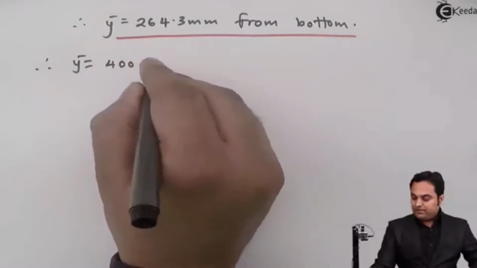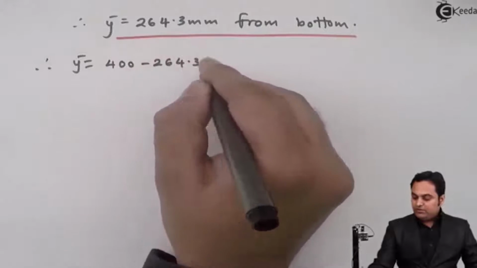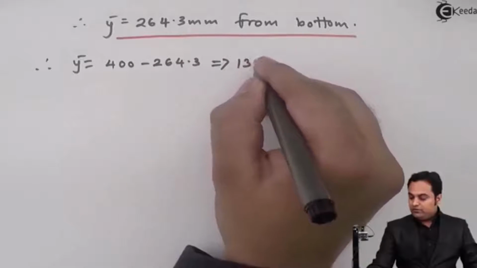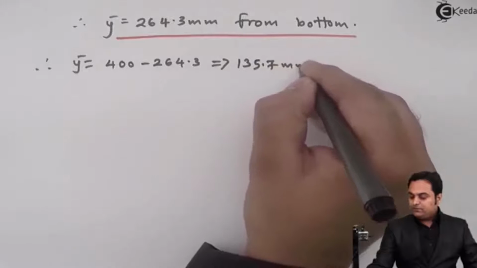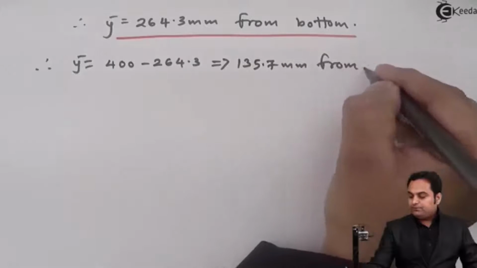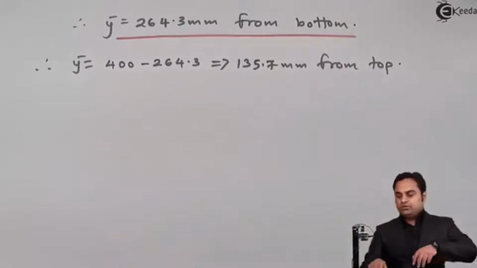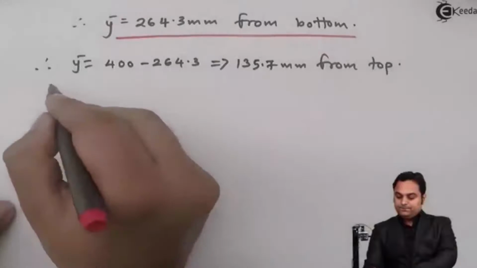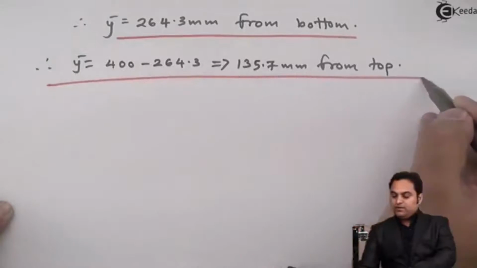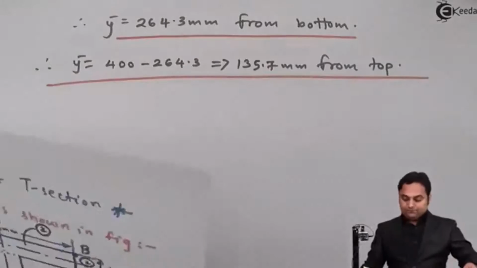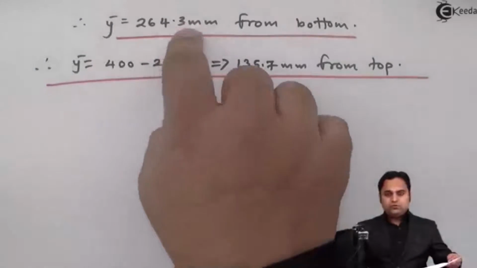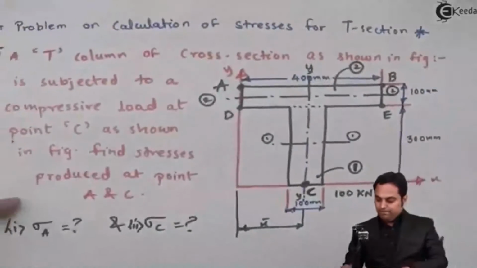If I subtract 264.3 from that, I'll get 135.7 mm. This is from the top. So here is the location of the x-axis, denoted by y bar, 264.3 mm from the bottom.